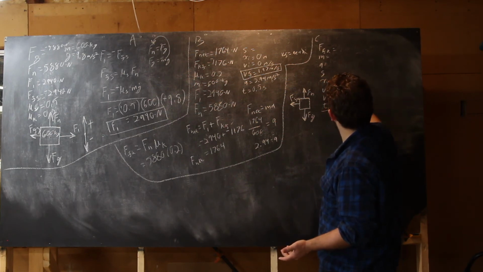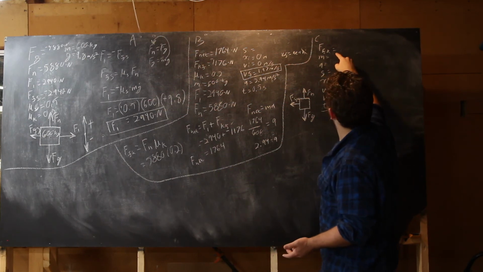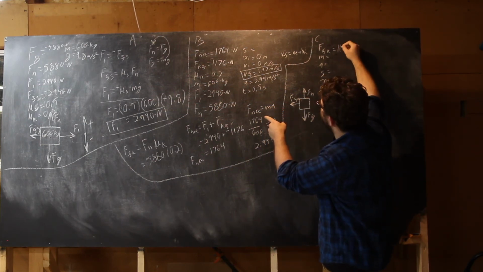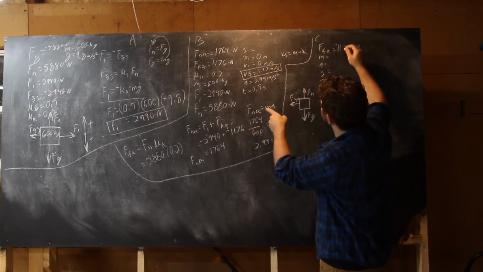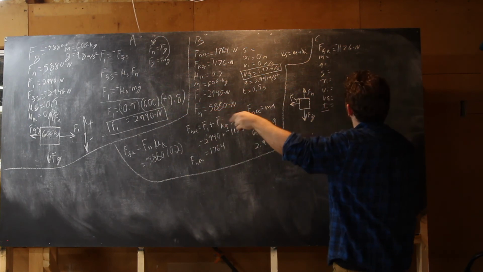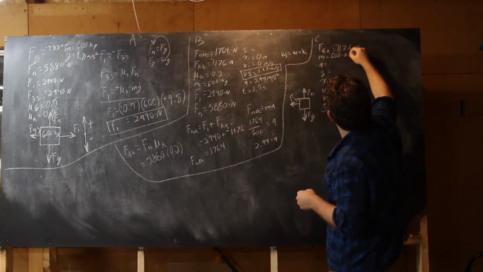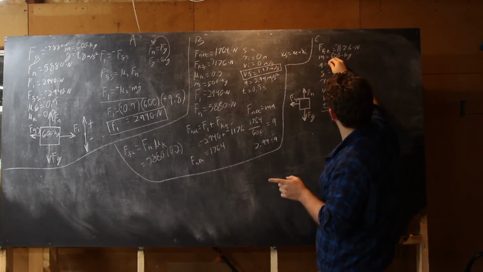So in this problem, the force of kinetic friction is 1,176 newtons. And that's a negative. Remember, that's a negative. It's going in our negative direction. Our mass is still 600 kilograms. That never changed. Our acceleration is going to be new.